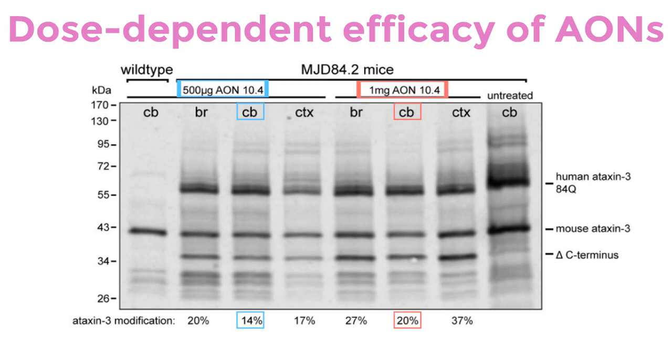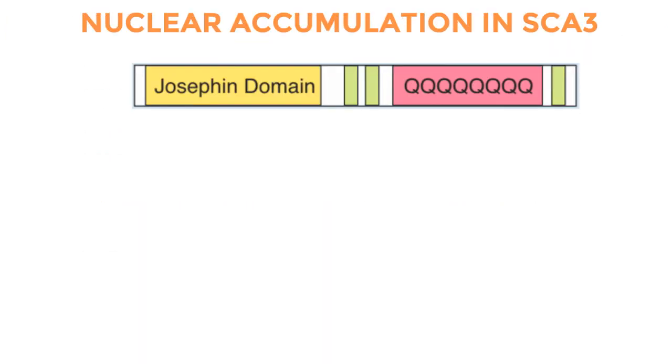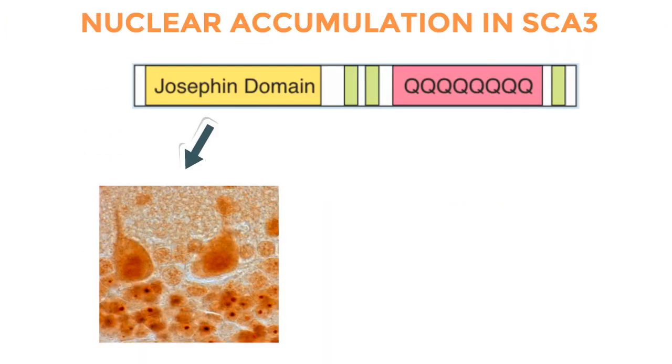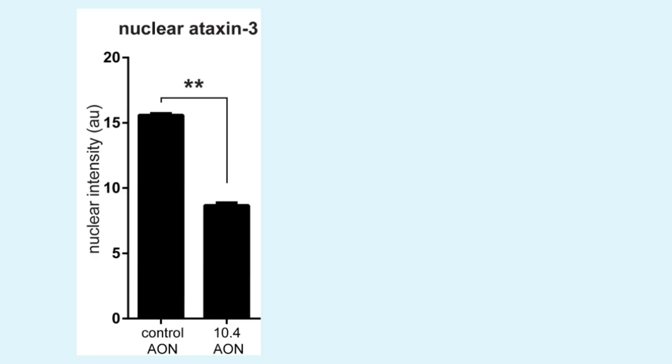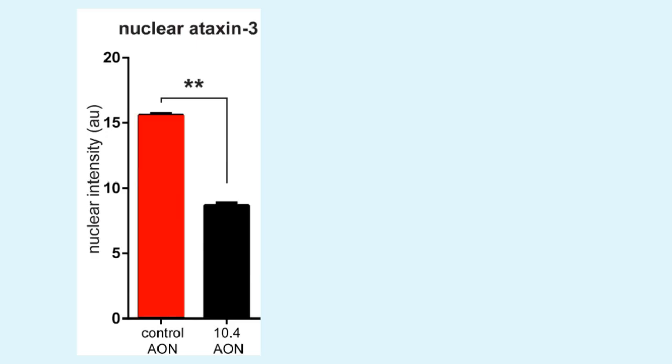Mutant Ataxin-3 containing the poly-Q stretch causes nuclear accumulation that leads to neurodegeneration. Prior to treatment, the mouse model showed a strong nuclear localization of Ataxin-3 in substantia nigra. However, following AON 10.4 treatment, the mice showed a decrease in the Ataxin-3 nuclear accumulation, which was possibly a result of the decrease in the amount of mutant Ataxin-3 containing the poly-Q stretch present in cells.